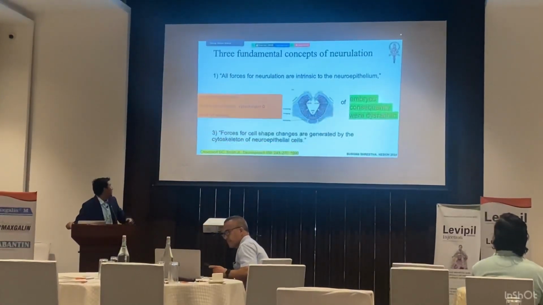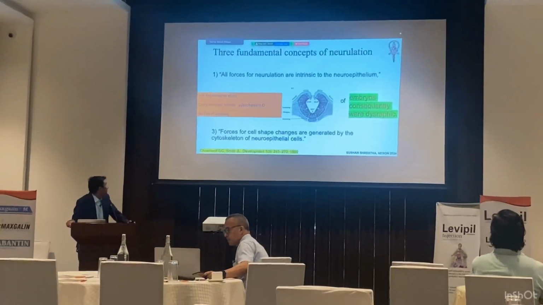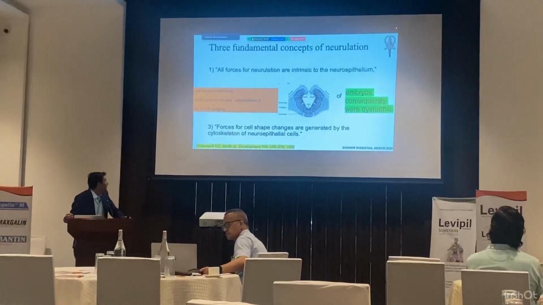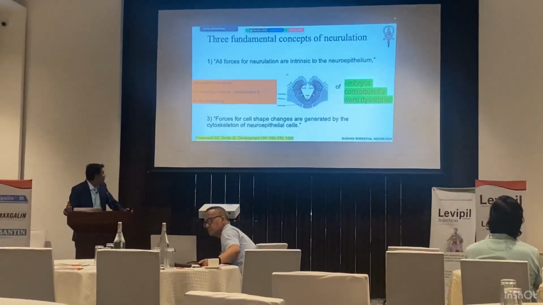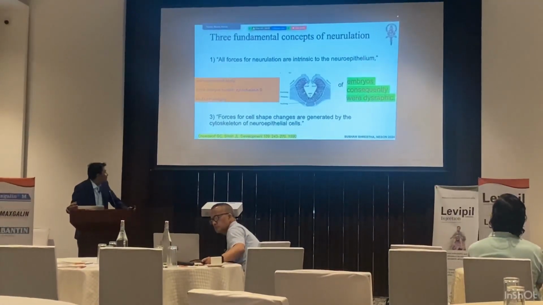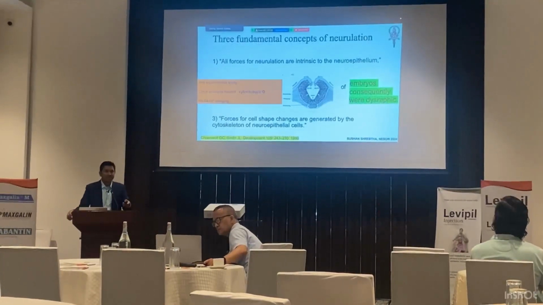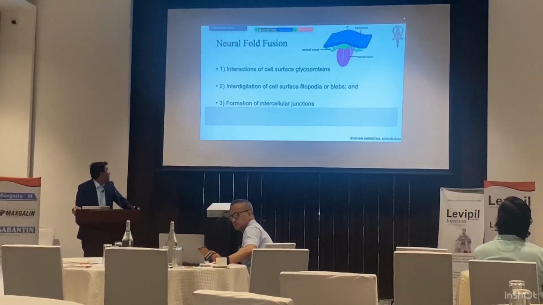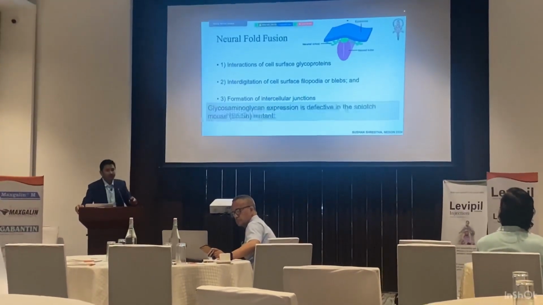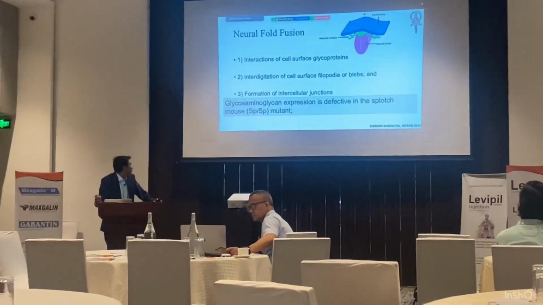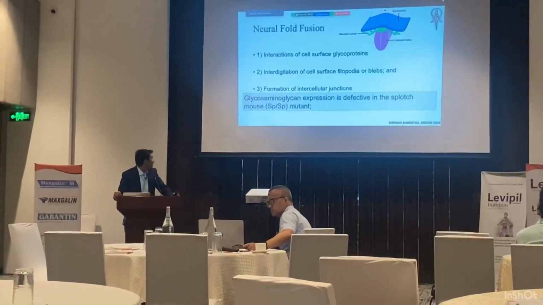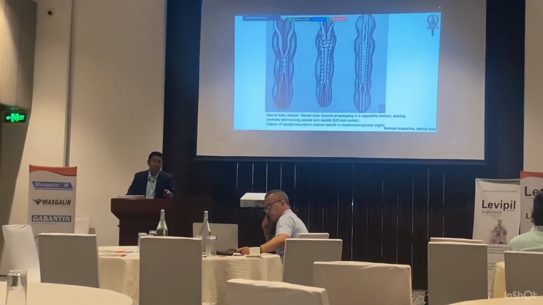And there was an experiment done where the chick embryos are treated with cytochalasin D, and this disrupts the microfilaments. So when it was treated with this cytochalasin, it was found that the embryo was consequently dystrophic. Similarly, in the neural fold fusion, there are interactions of these cell proteins, and they have found that if there is the splotch mouse mutant, then there is the absence of this glycosaminoglycan expression in these cells.